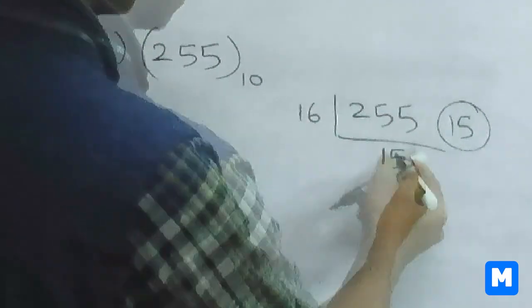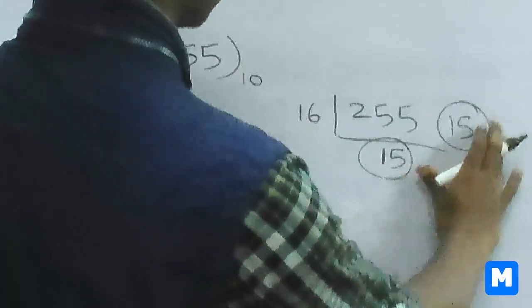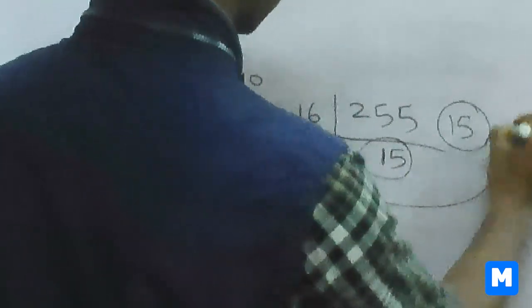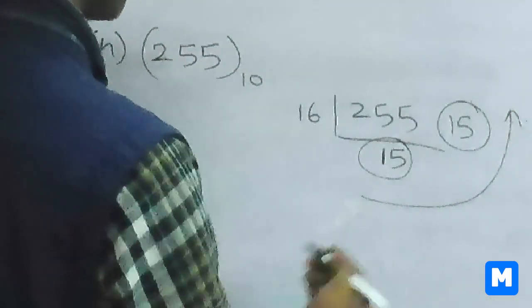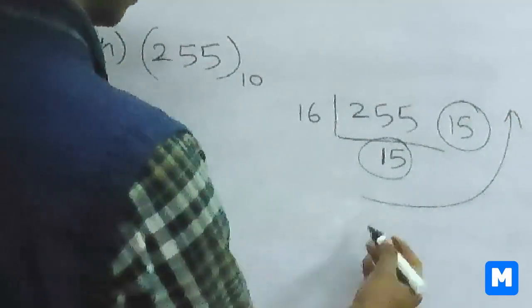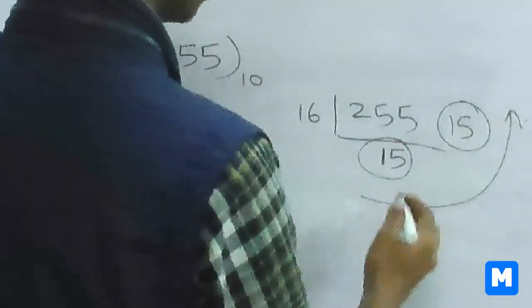Like I said, if we get any value from 0 to 15, here it's good. So since we got there, we can stop right over here and we read the values from bottom to top. So here we can conclude that it's 15 and 15. So what's 15?